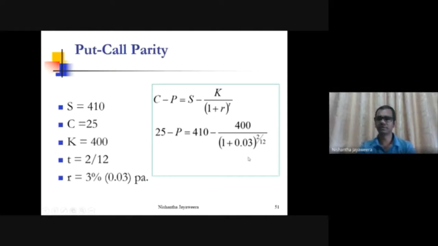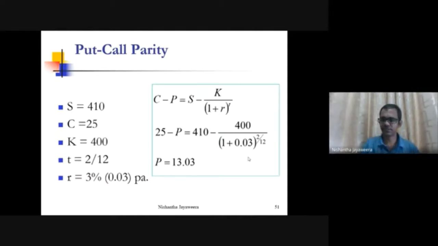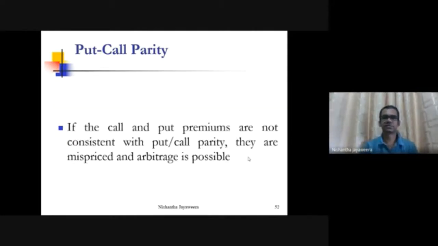You solve it, you would get premium for the put option should be 13.03. So that's how you use put call parity to decide whether there's an arbitrage opportunity or find out the correct price.